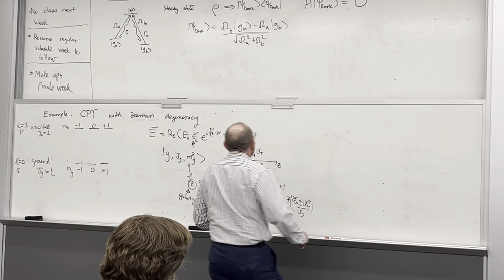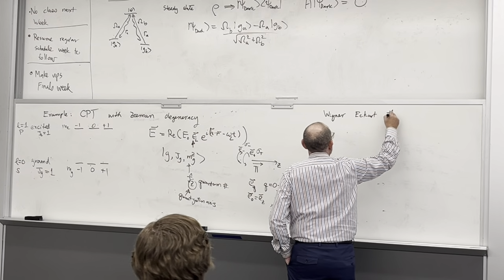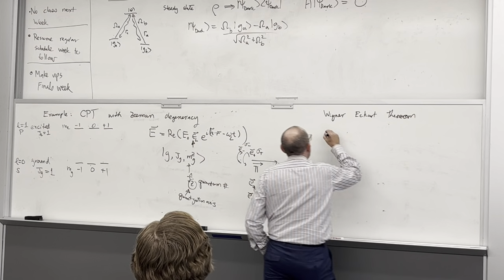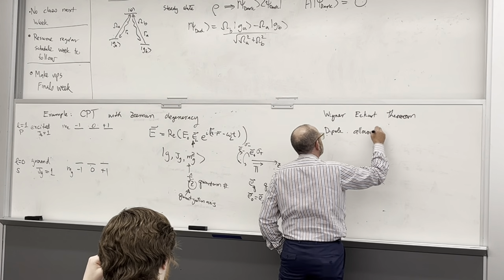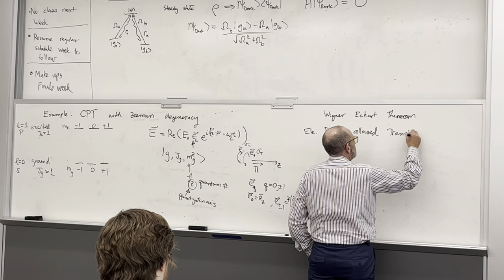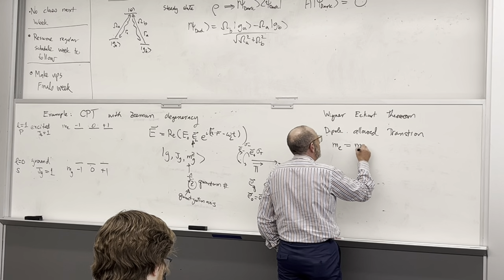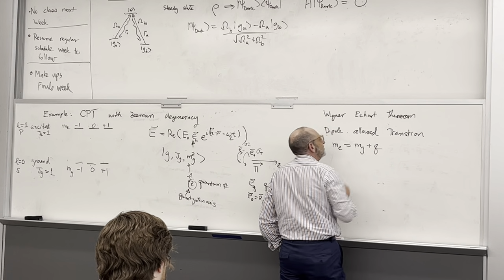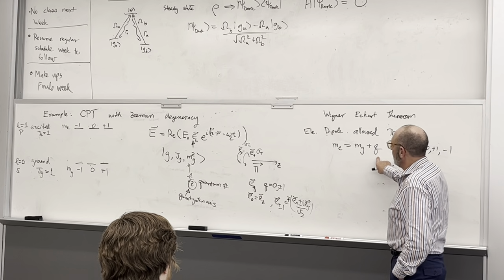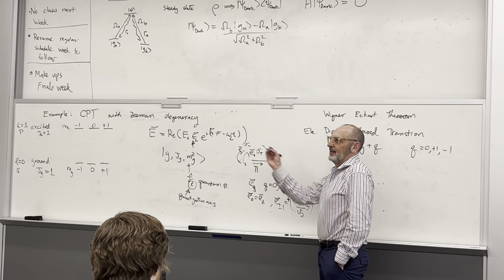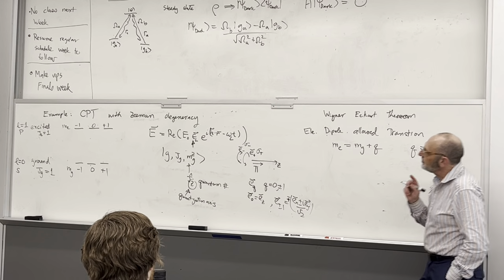So what we discussed last time is, according to the addition of angular momentum and the Wigner-Eckart theorem, that we can drive a dipole allowed transition, electric dipole, not a magnetic dipole. If we do that, then ME can be mg plus q, where q can be 0, +1, or -1. If you change it by 0, that happens only when the polarization is pi, and if it's sigma plus or sigma minus, then I can change it by plus or minus one.